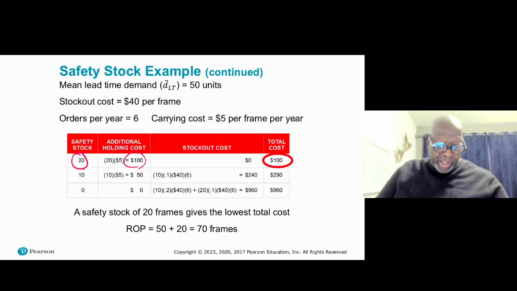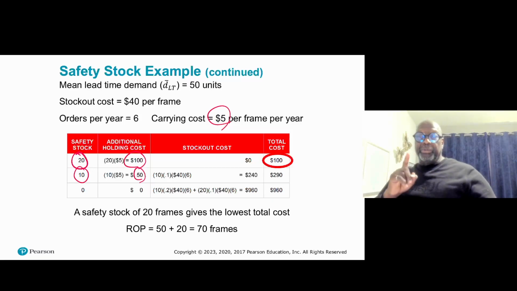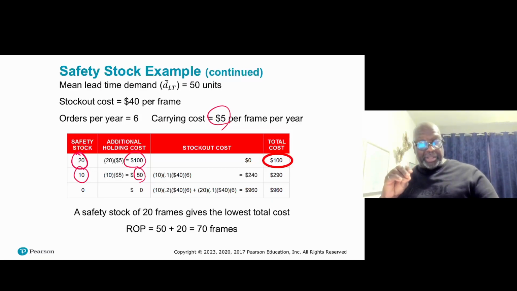What if you only decide to carry 10 units of safety stock? Well, you will incur $50 in holding costs. Remember, it's 10 times 5, $5 per frame carrying cost. And then you could run out of 10 units of stock, because if you carry 10 units of safety stock, it means you have 60 units on hand.